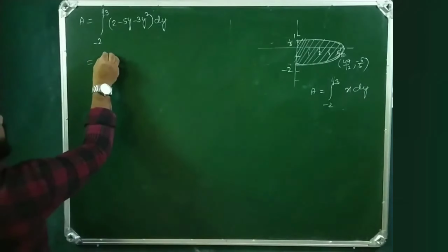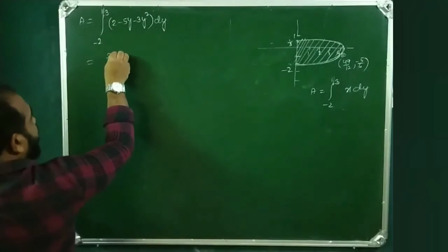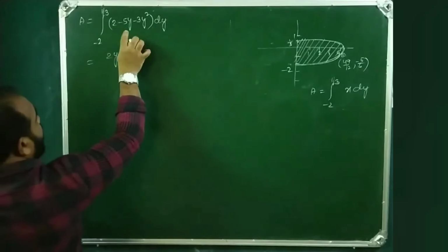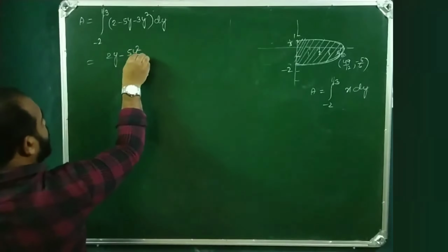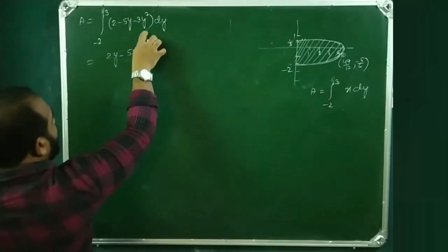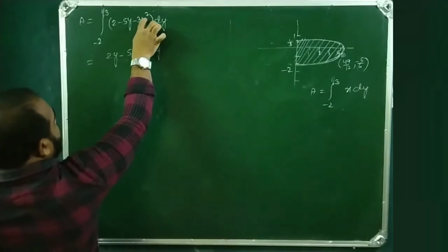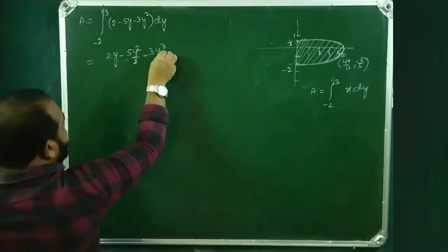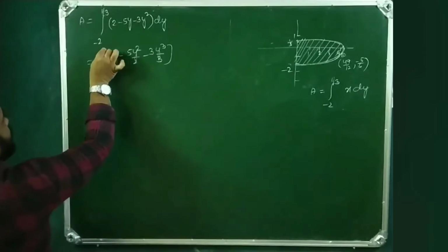Now, integral 2 dy is 2y, minus 5 times integral y dy, which is y square by 2, minus 3 times integral y square dy, which is y cube by 3. The process of integration is over.